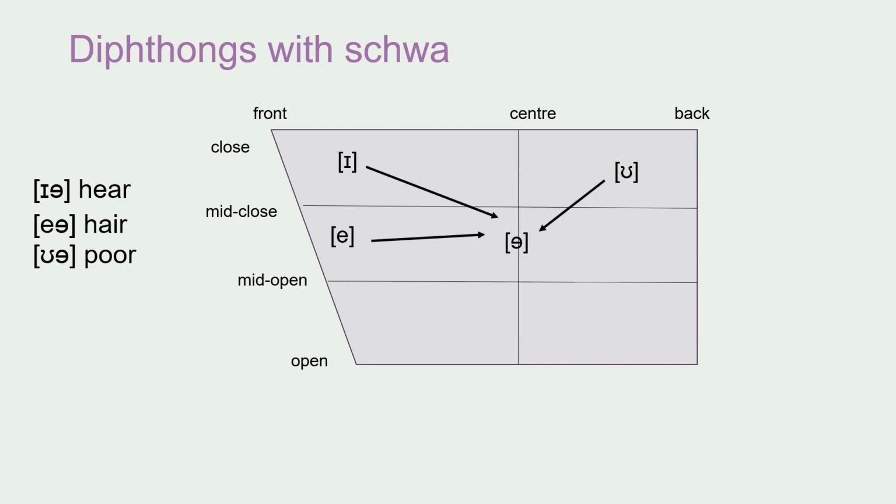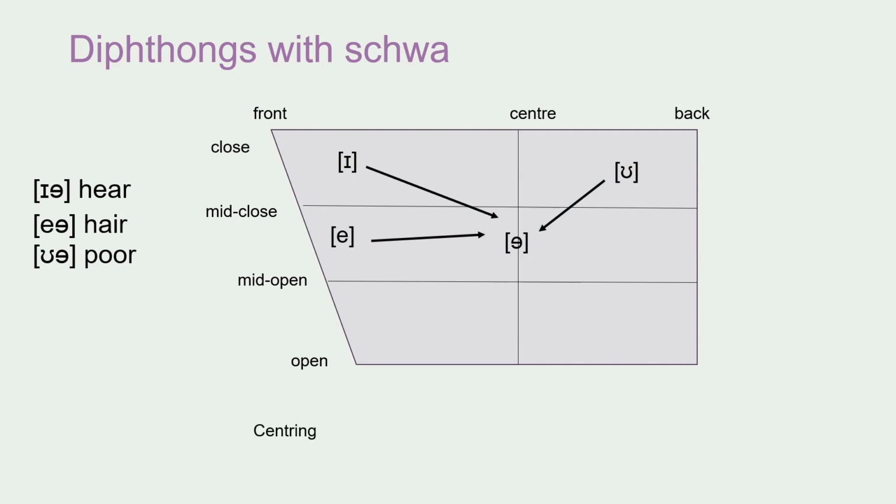Most people these days wouldn't pronounce it like that. They would just pronounce it as paw, i.e. with a long monophthong, a central back monophthong. But you can still hear people using this, and there are certain accents in Britain, particularly in the north, where they will pronounce this as poor. Okay.